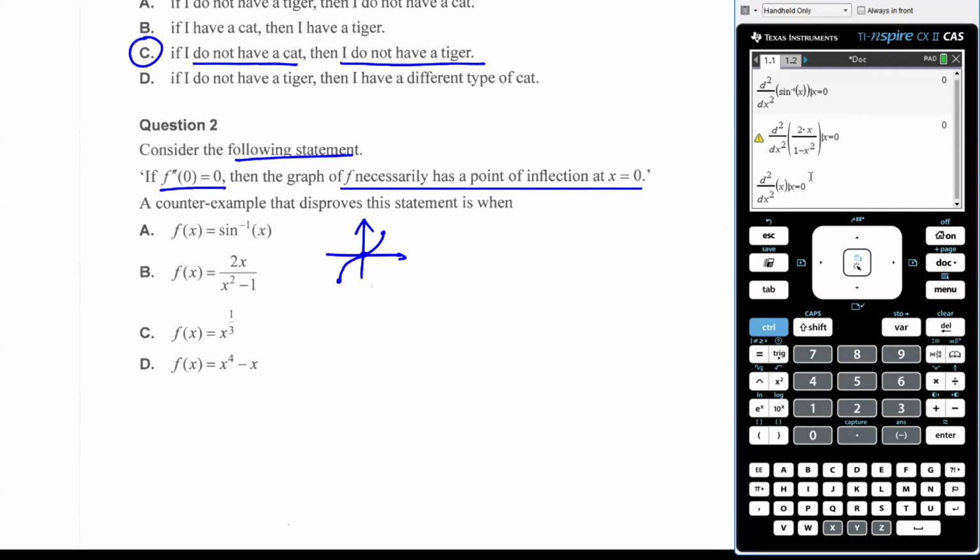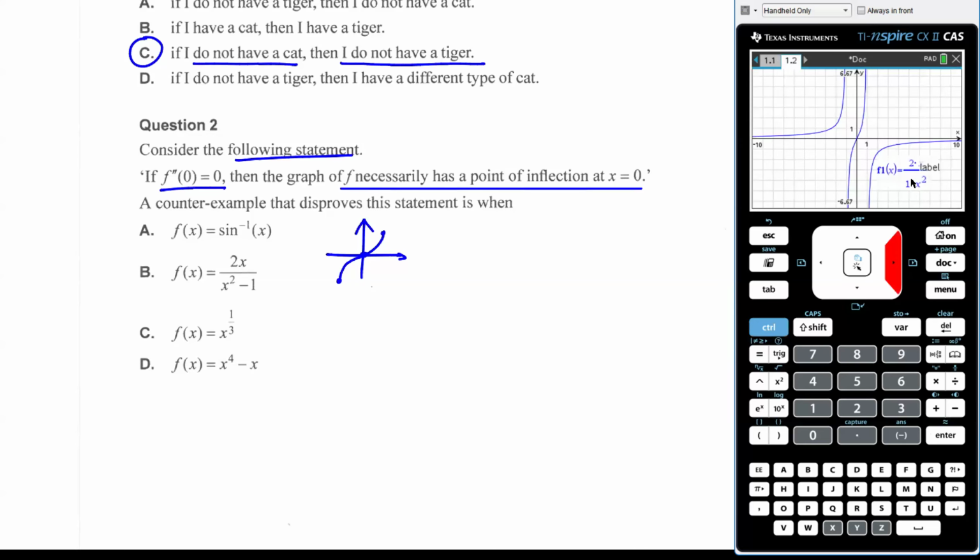The third function, x to the power 1/3: the second derivative at 0 is undefined. But if we draw the graph, you can see the concavity changes near x equals 0, before and after. Therefore, even if the second derivative is not 0, the graph also has a point of inflection. So I think option C doesn't satisfy the condition of this if statement.